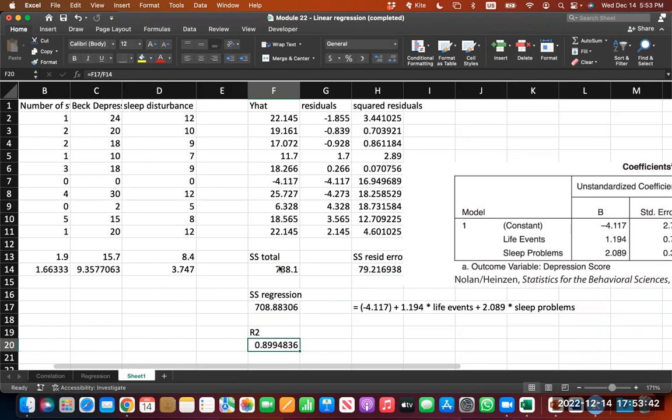I know this is a lot to take in, but think about the brilliance of this, because before, with the stressful life events, you only explained 33% of your variability. Now you have a second parameter in there, which is the sleep problems. Now all of a sudden, you're explaining 89% or 90% of your variability.